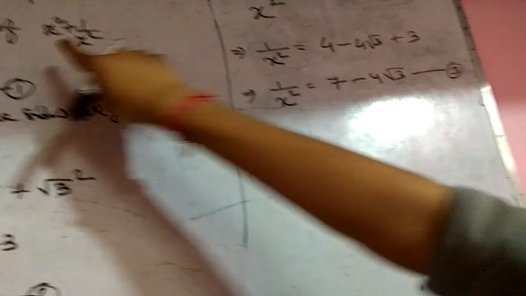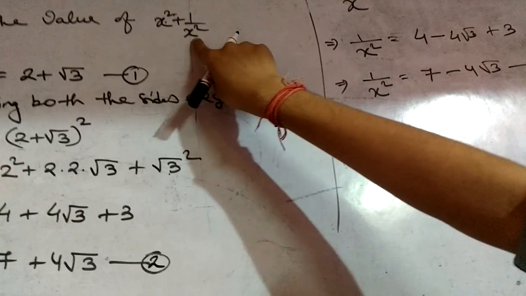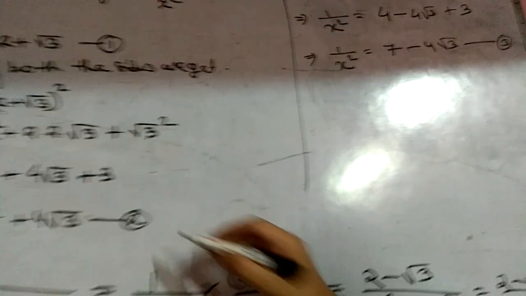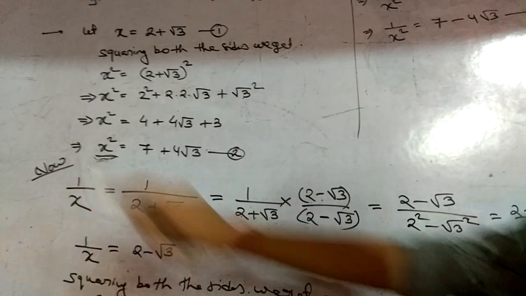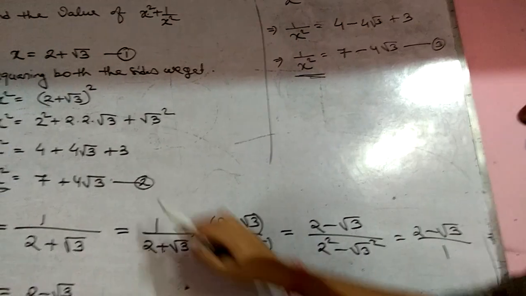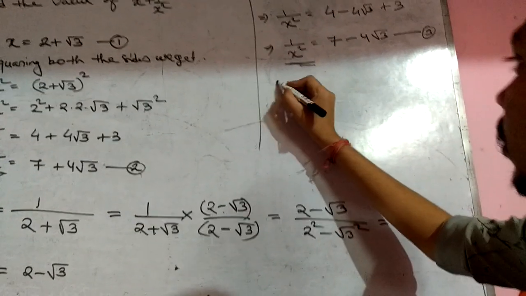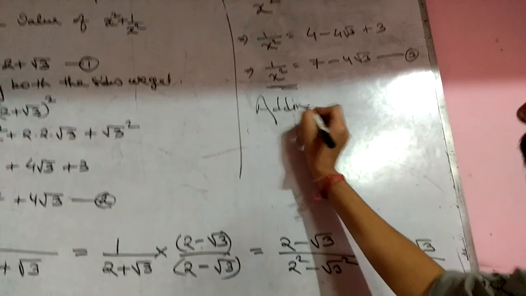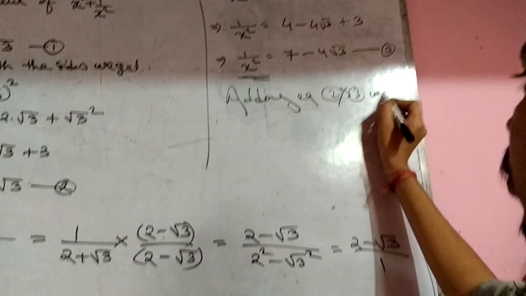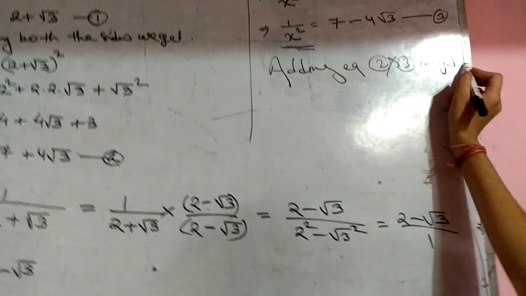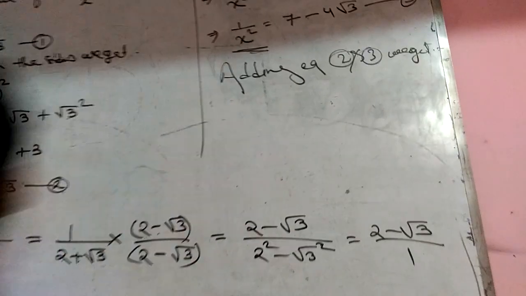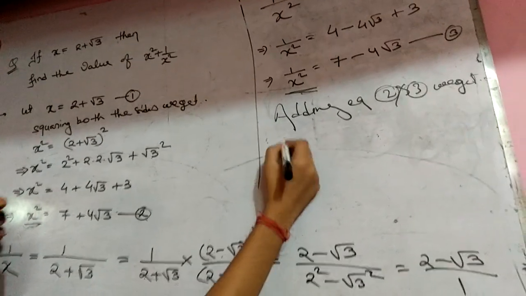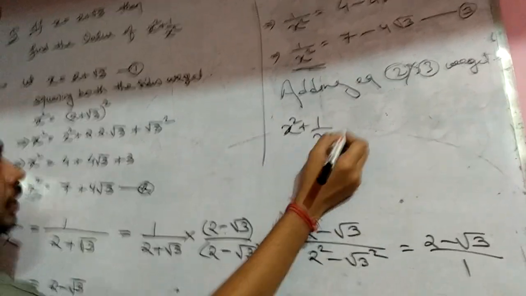Now what we have to do? We have to add x square and 1 by x square. So adding equation 2 and 3, we get x square plus 1 by x square in the LHS part.